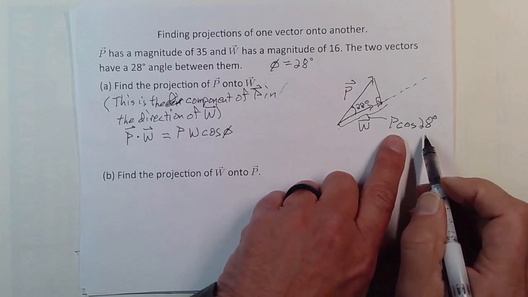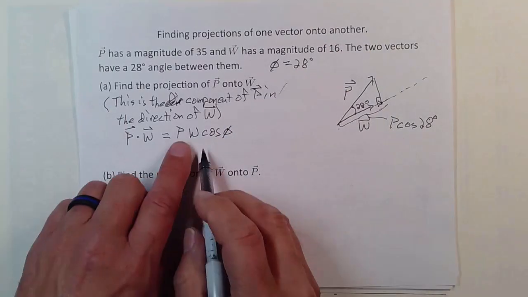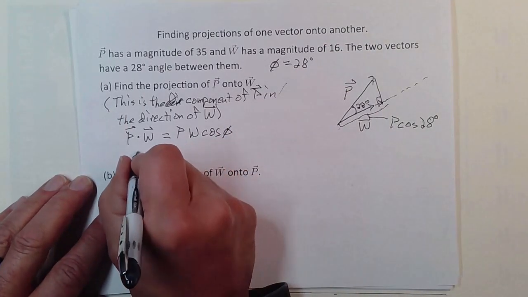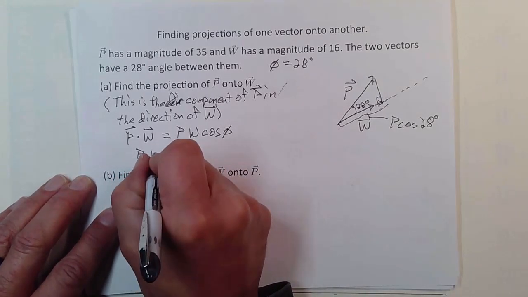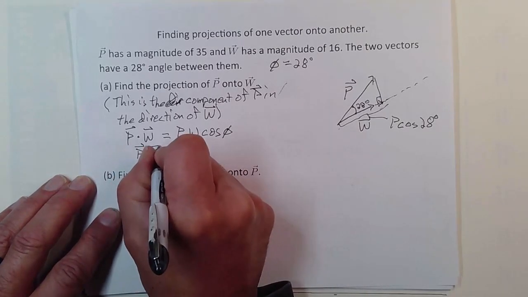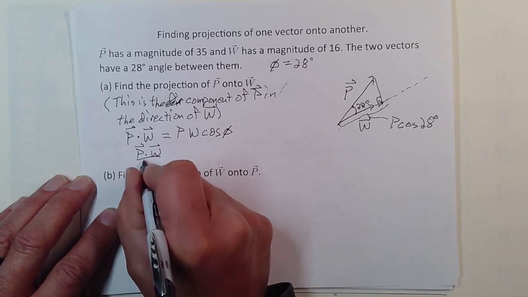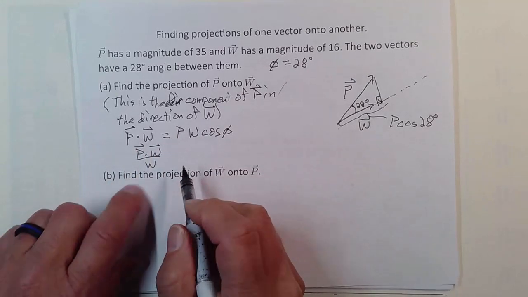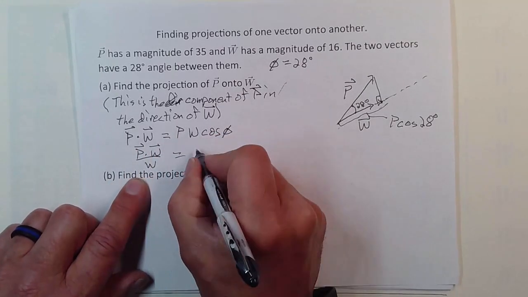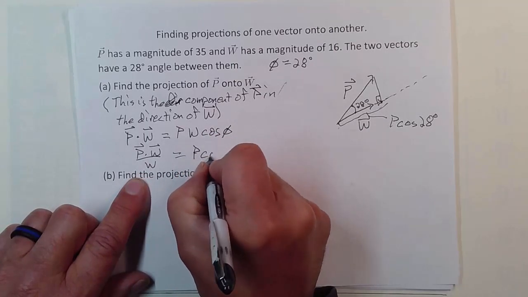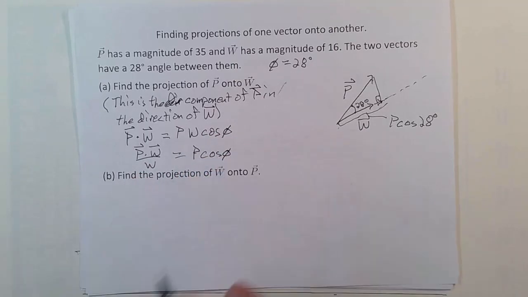Okay. Well, P cosine of that angle is this part, or if I take P dot W and divide it by the magnitude of W, I get P cosine of that angle.